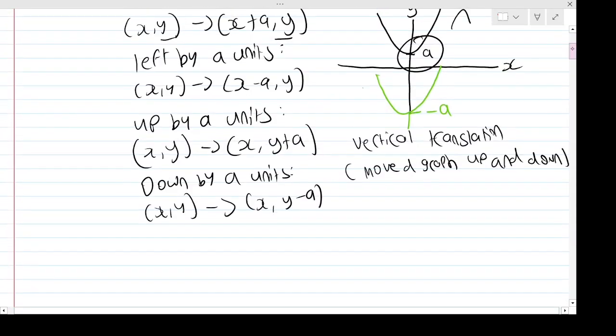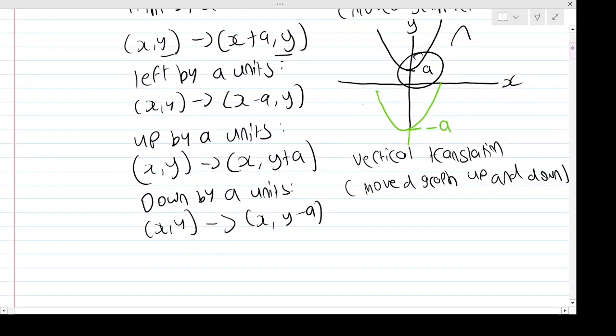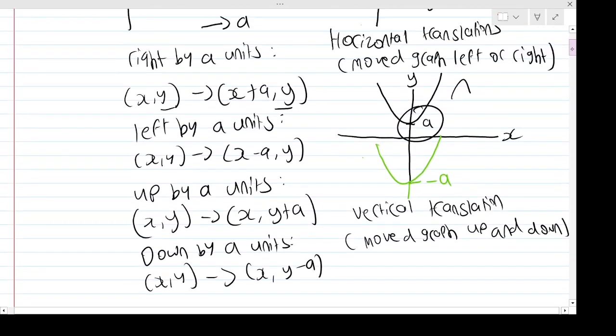What can we do next? There's something more interesting to this. Notice as well, we can write these curves as functions. We can alternatively say f of x is x squared, and that will be helpful in a minute.